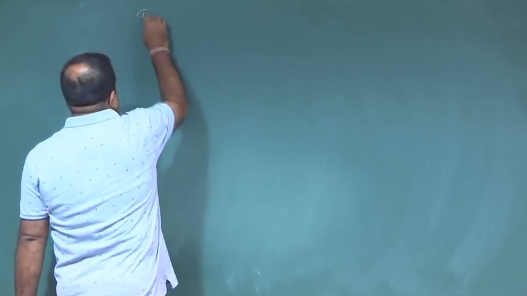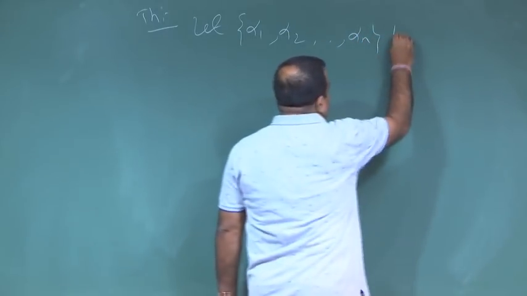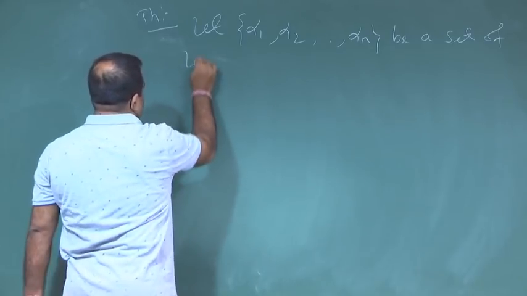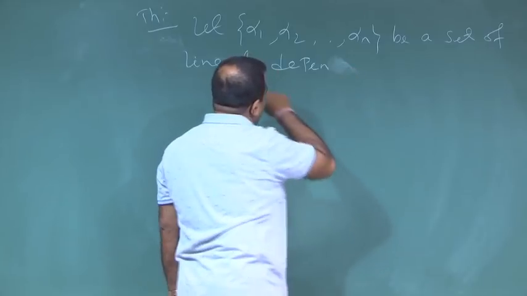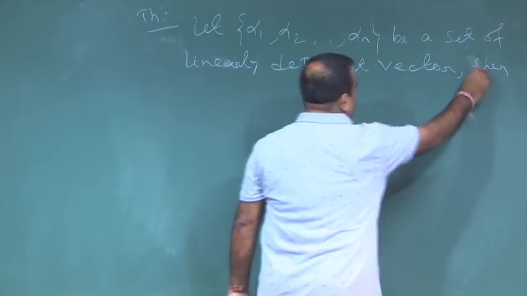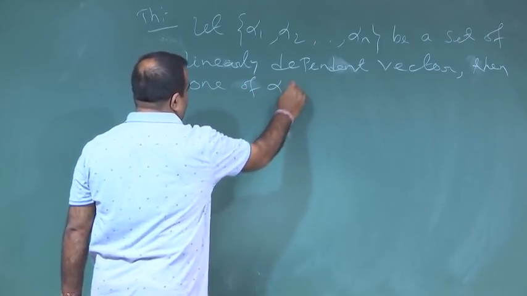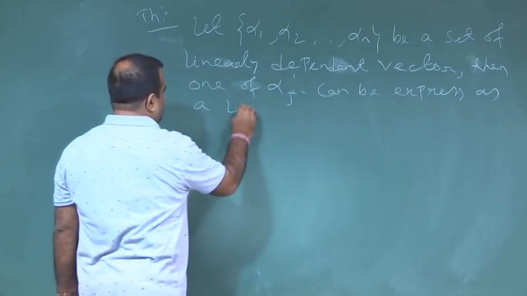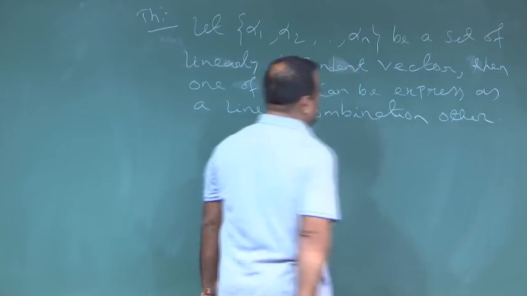So that is a theorem we can state: let alpha 1, alpha 2, up to alpha n be a set of linearly dependent vectors, then one of the alpha j can be expressed as a linear combination of the other vectors from this set.